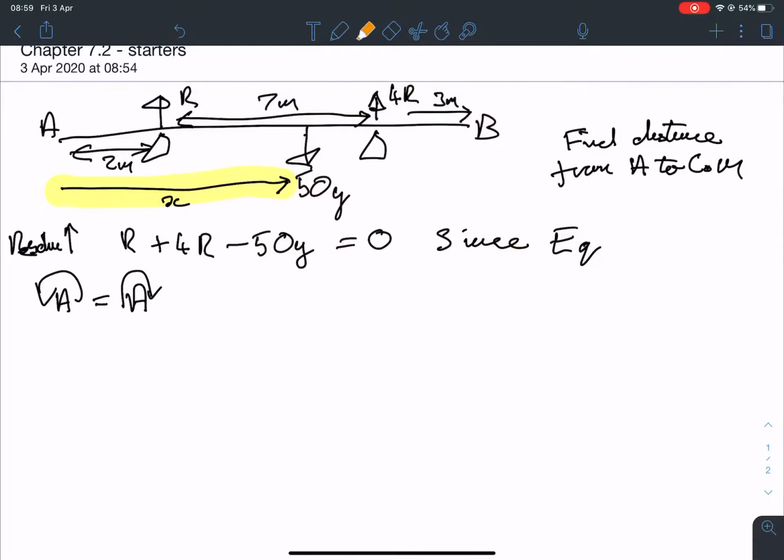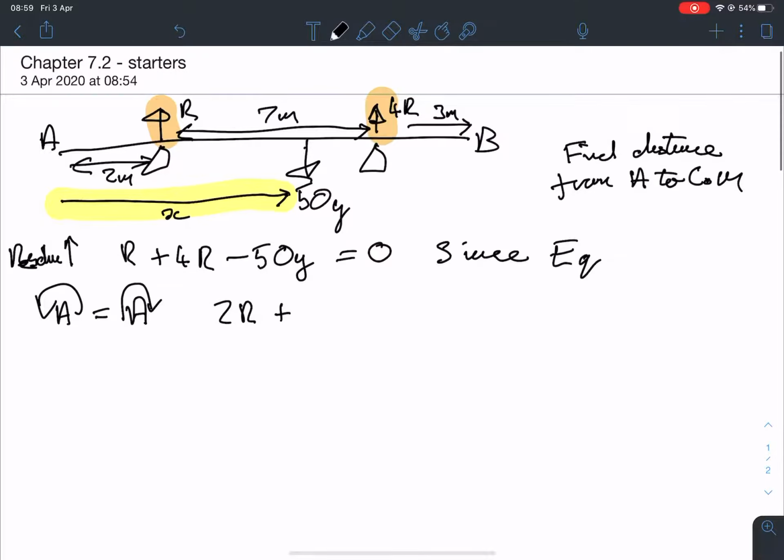Okay, take moments about A, the point we want the distance of the centre of mass from, in the anti-clockwise direction.